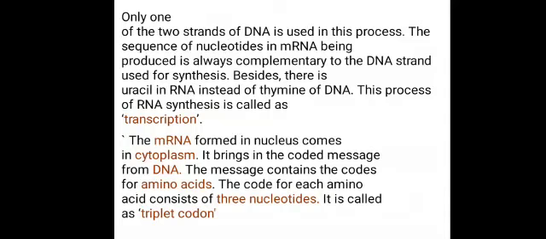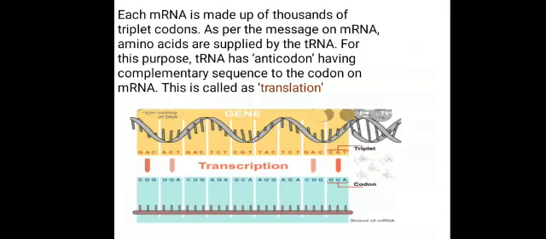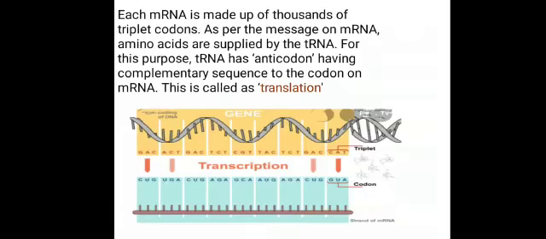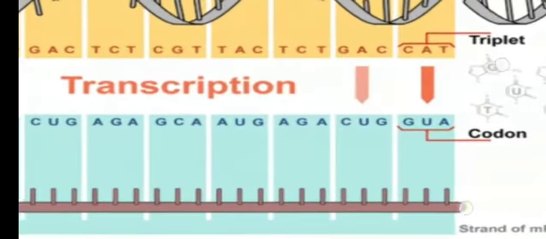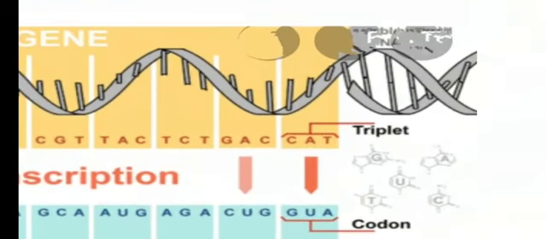All the information is stored with the help of codons. Then these codons form a long chain of amino acids like this. See the group of codons, that is CUG, UGA. This group is called the codon or triple codon.